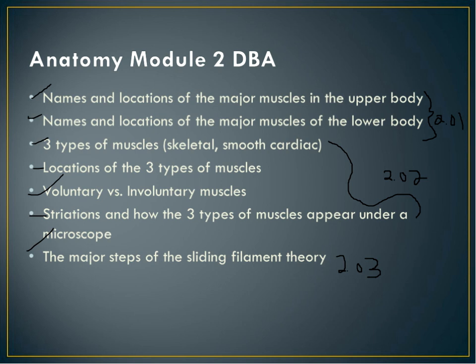And that's it for the anatomy DBA. It's pretty short because there's only 3 lessons, but you need to know just the major muscle names and locations all around the body. 201, know about the 3 types of muscle tissue, and 202 with details about them, and then know how to explain the sliding filament theory for 203.